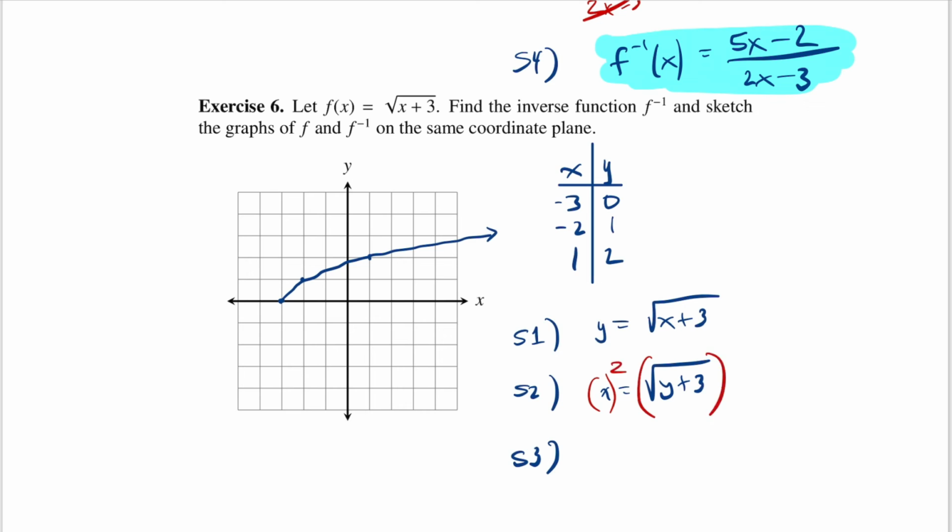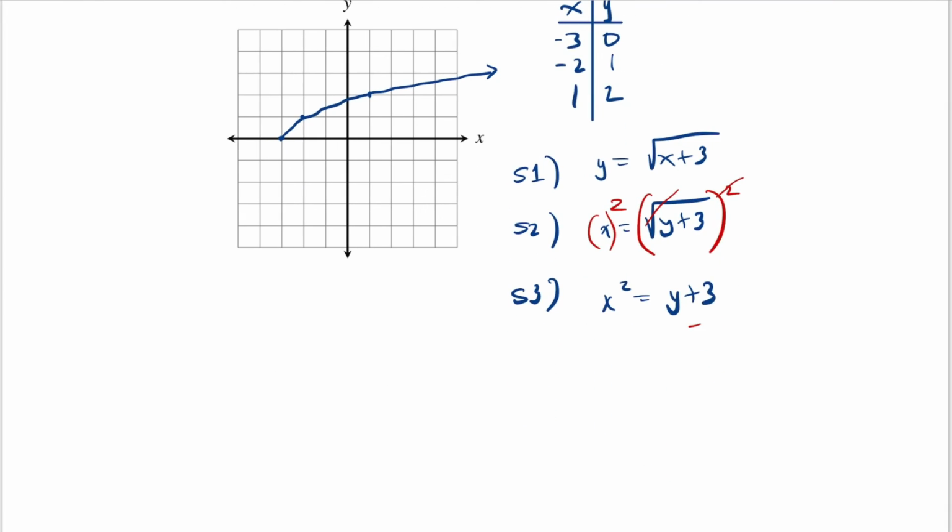So x squared equals y plus 3. Subtract 3. And we've solved for y. And then finally change the notation to f inverse. So we found the inverse function.